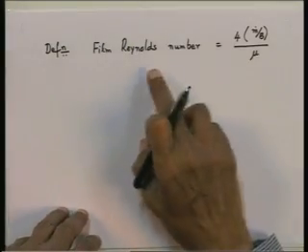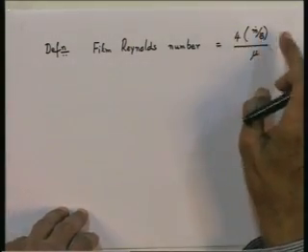So, now if you use this definition, we know what m dot by b is in our case.